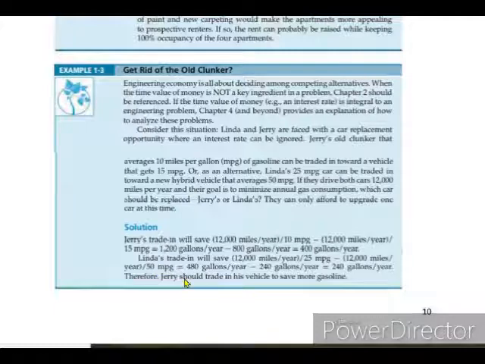So the saving is 480 gallons per year, which is higher. Therefore, Jerry should trade in his vehicle to save more gasoline. Okay, so Jerry should trade in because Linda's trade-in will save more. That's why Jerry should sell his vehicle rather than Linda.